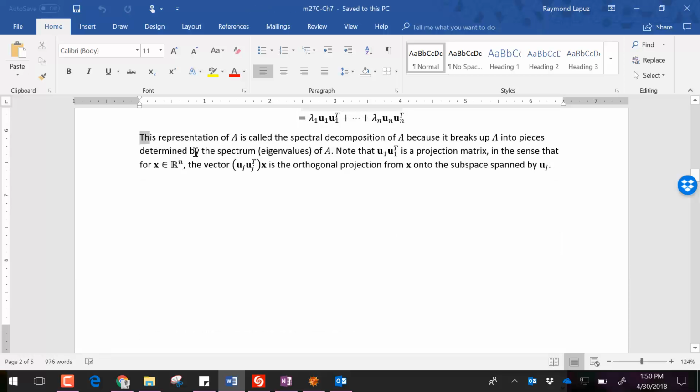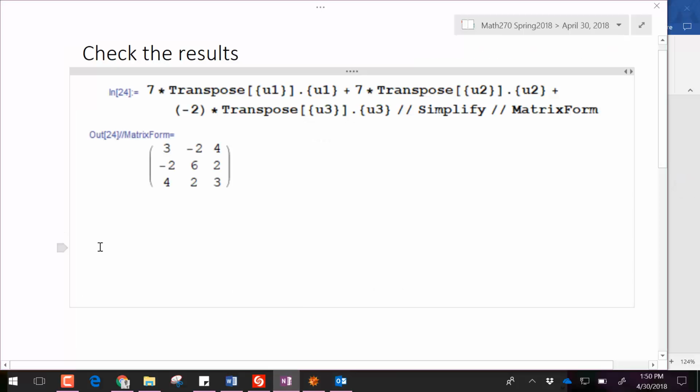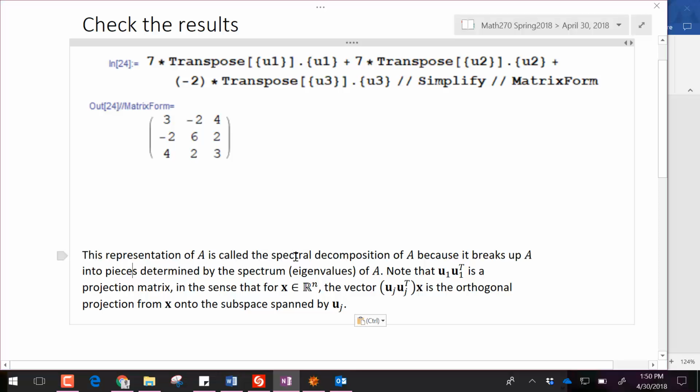Oh, they say something over here. So this representation of A is called the spectral decomposition, because A breaks up into pieces determined by the spectrum, which is the eigenvalues of A.